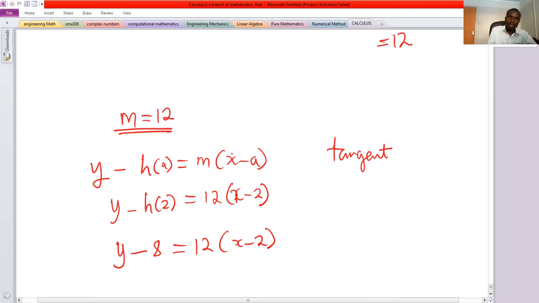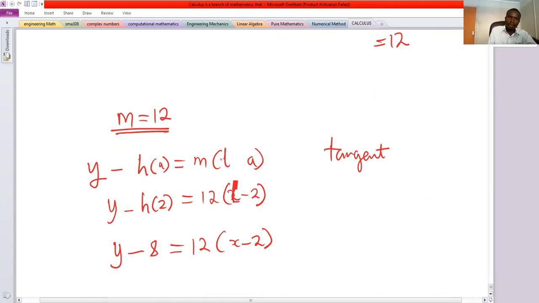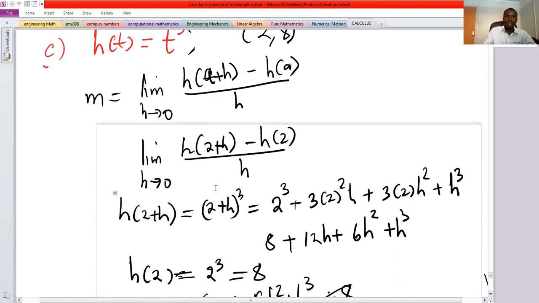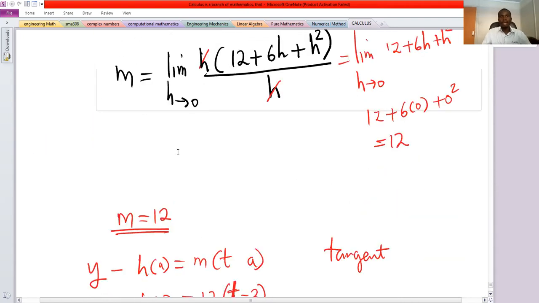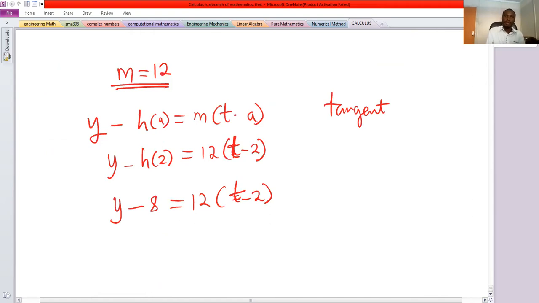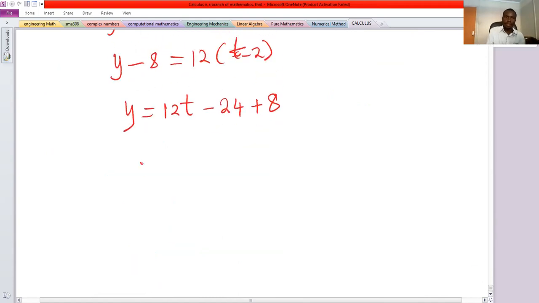So it's not x, this is a function of t, so this is t. Remember we had this function was t, not x. So we'll have y equals 12t minus 24 plus 8. So that will give us y equals 12t minus 16 as the solution.